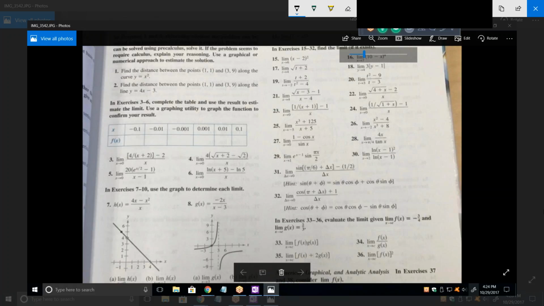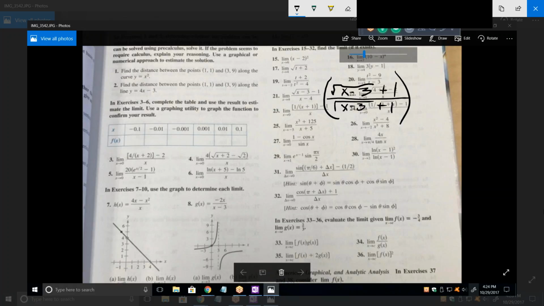So I'm going to multiply by the conjugate, which is square root of x minus 3 plus 1. And as long as I multiply the numerator by that, I've got to multiply the denominator by that also, because I can only multiply by 1. That is my number 1 right there.